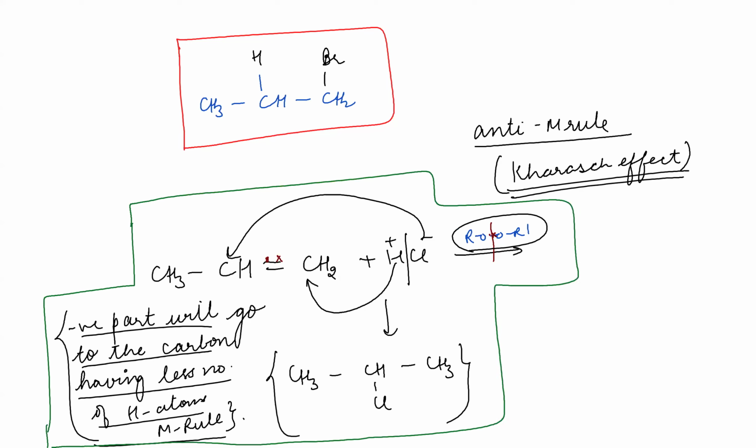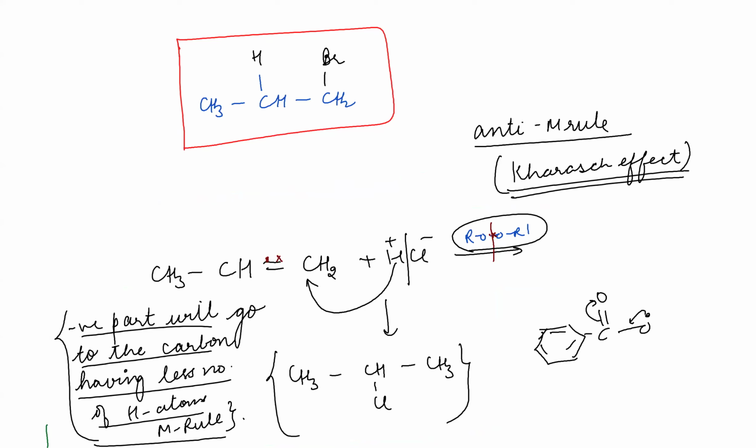Got the point? And why do we use benzoyl peroxide sometimes? But it can work with any peroxide, right? बेंजोइल पेरोक्साइड के साथ हम इसलिए यूज करते हैं क्योंकि जो रेडिकल बन के निकलता है ना, ये बहुत ही स्टेबल होता है, रेजोनेंस कर सकता है, दैट इज व्हाई। अंडरस्टूड द पॉइंट?